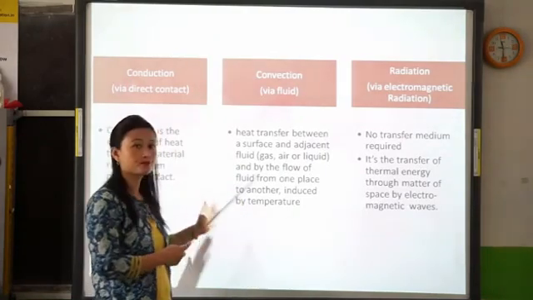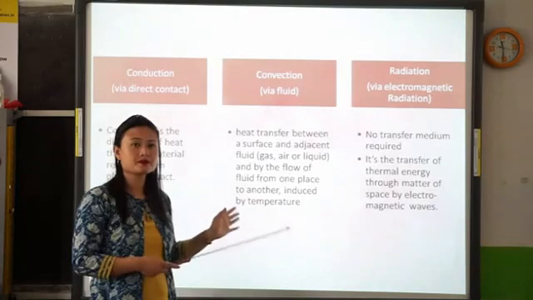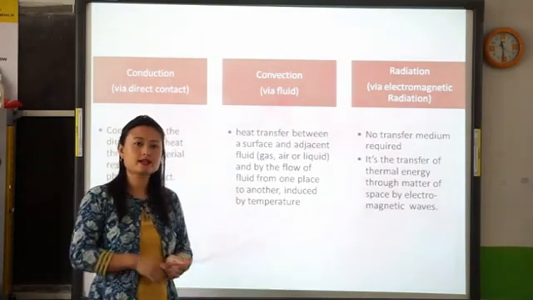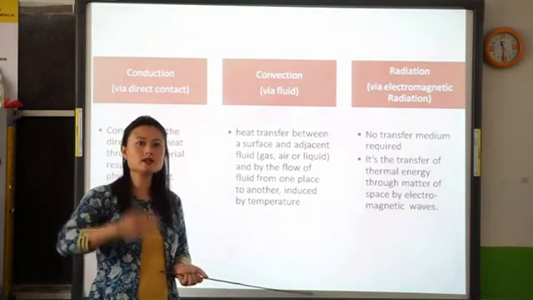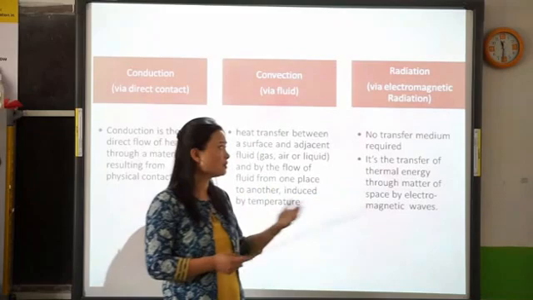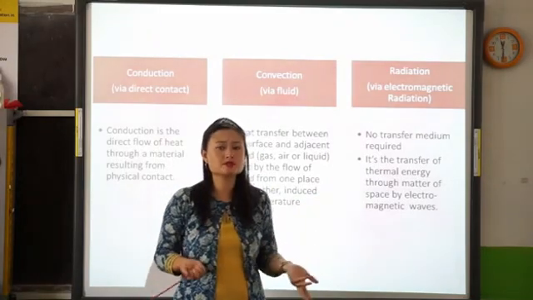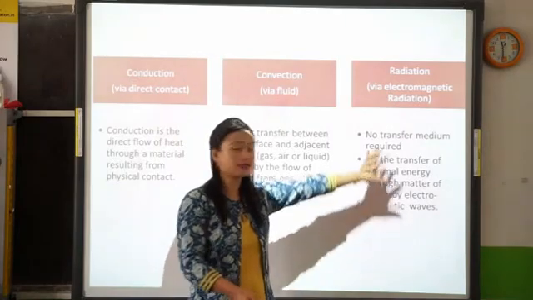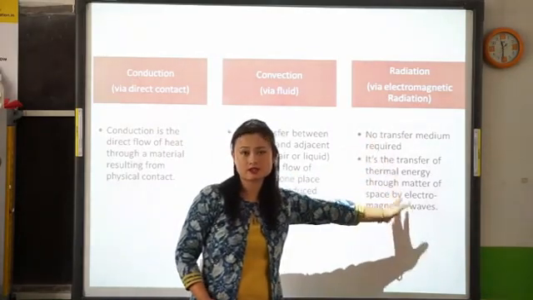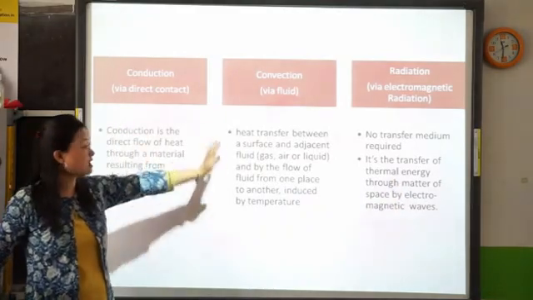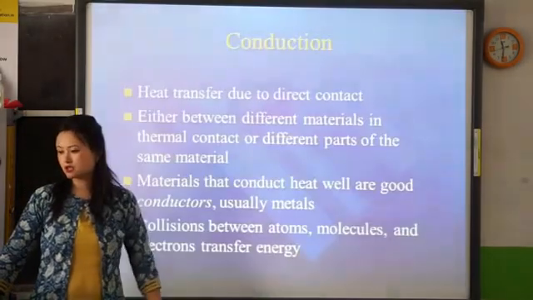It is not possible in solids, because in solids particles are not free to move around. They can only vibrate in their own place. Whereas for radiation, no particle is required, no medium is required, so we are not mentioning any state of matter here. So these are the differences between conduction, convection and radiation.